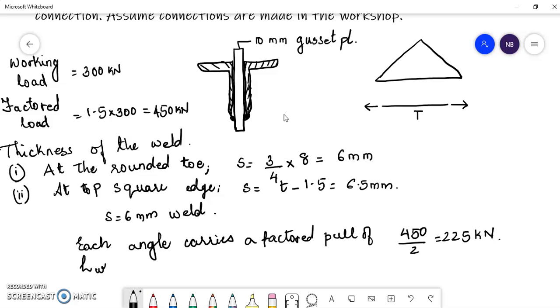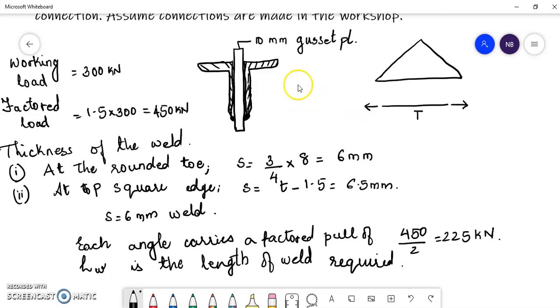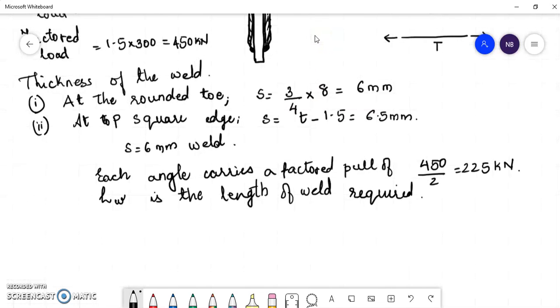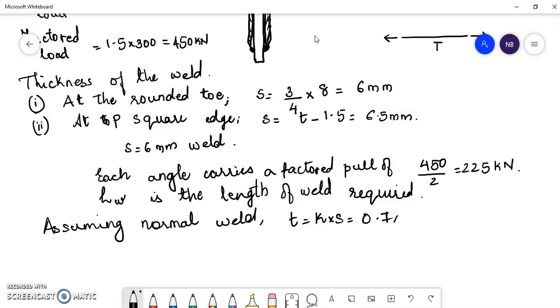Let us say that L suffix W is the length of the weld required. Assuming that the weld is normal, that means the angle is 90 degrees, that means K value will be 0.7.